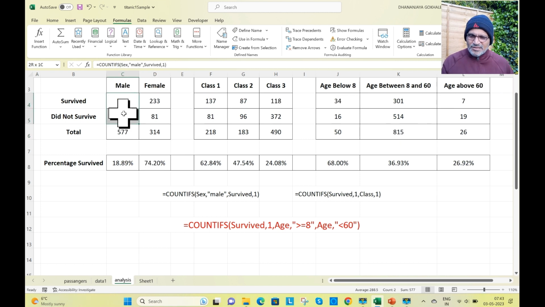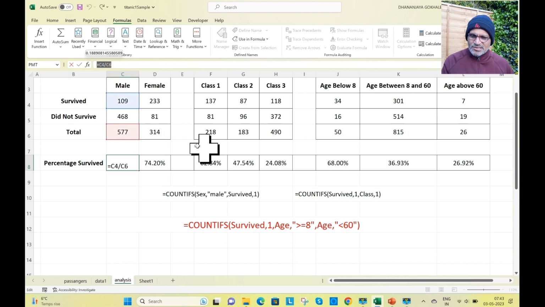And then what remains is just to add up these two, so we get total males that survived, total males that were present and total females that were present, right? And then we could get percentage survived. How do we get percentage survived? We are looking at the males' percentage survived, so it is C4 by C6, because C4 is the males that survived, 109, and C6 is the total number of males.